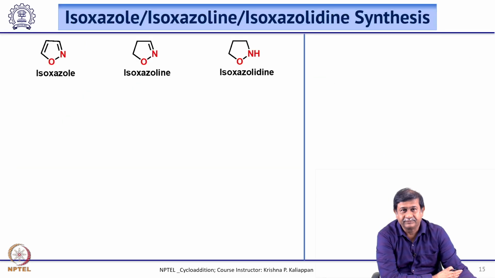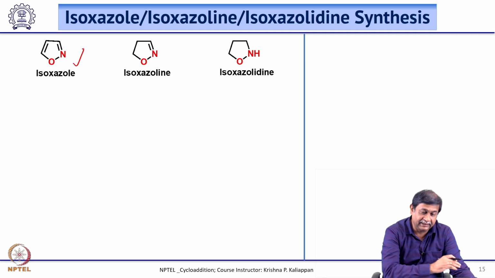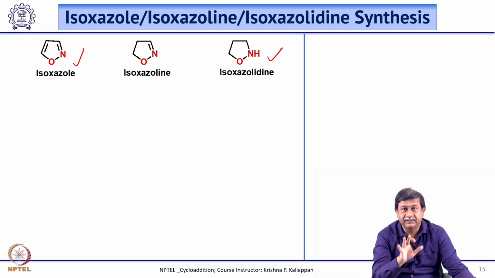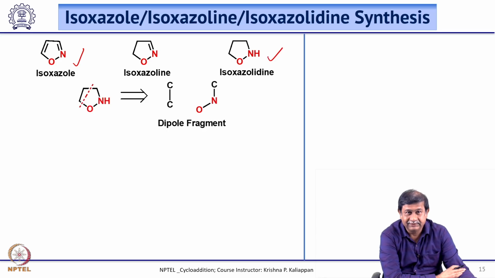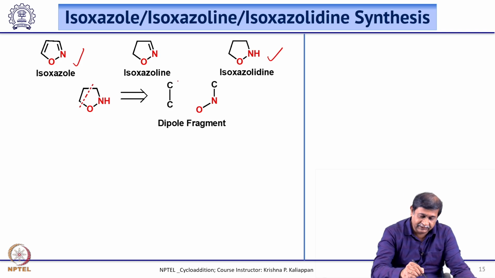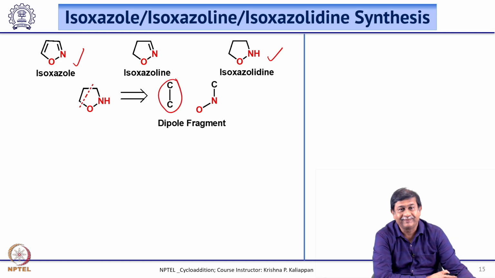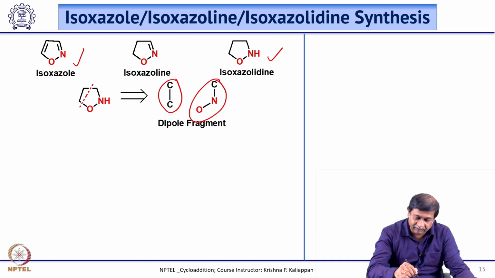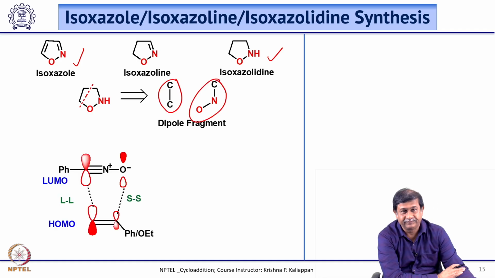So from isoxazoline, you can also go to get isoxazole and isoxazolidine using the same 1,3-dipolar cycloaddition. For example, if you want isoxazolidine, and you do a small retrosynthesis, this portion will be the dipolarophile and this portion will be the dipole.